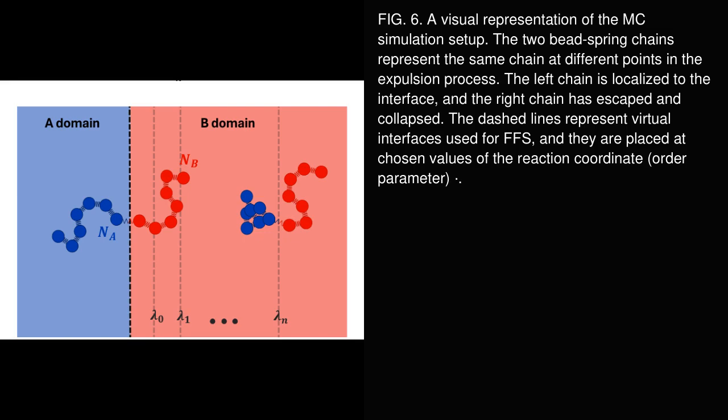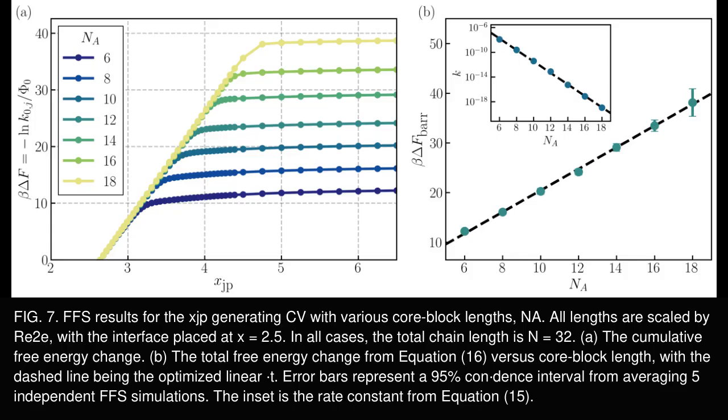reaction rate calculations. Figure 7 summarizes forward flux sampling, FFS, results, using a collective variable based on the junction point's x-coordinate for micelles with varying core block lengths, Na, all normalized by the core end-to-end distance. In these simulations, the total chain length remains fixed at n = 32, while Na varies.